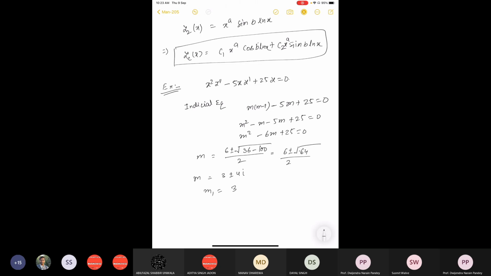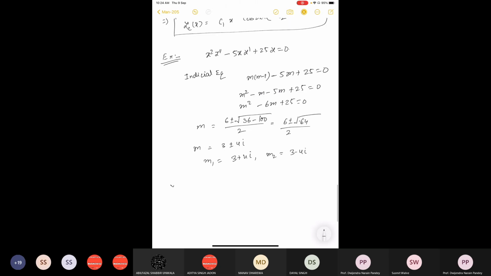So m1 equal to 3 plus 4i and m2 equal to 3 minus 4i. So your solution I can write here, y(x) equal to c1 x cubed cos of 4 ln x plus c2 x cubed sine of 4 ln x. Is it okay here? I can write the solution like this.